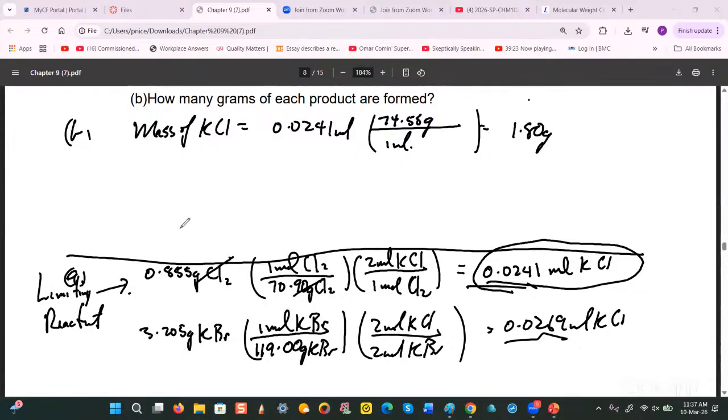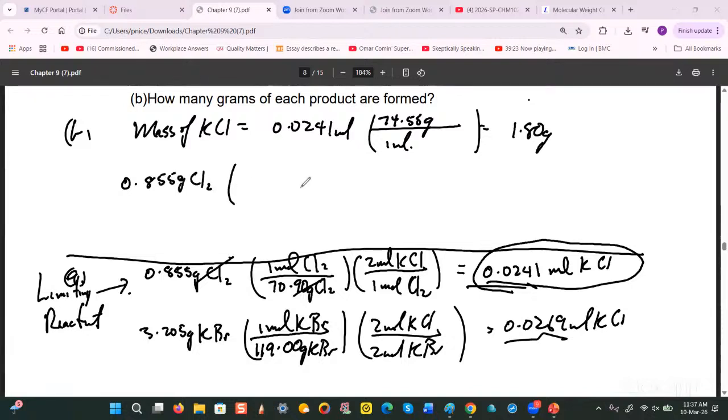The one that is slightly more challenging is to get the mass of the bromine, which is the other product. So basically, we start off with the limiting reactant, which we already established is 0.855 grams of the chlorine.